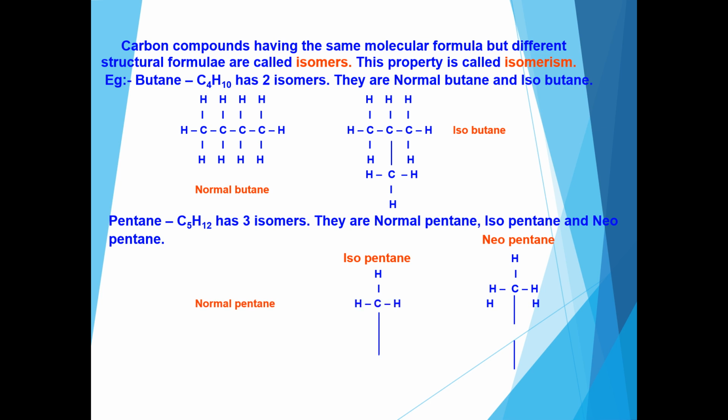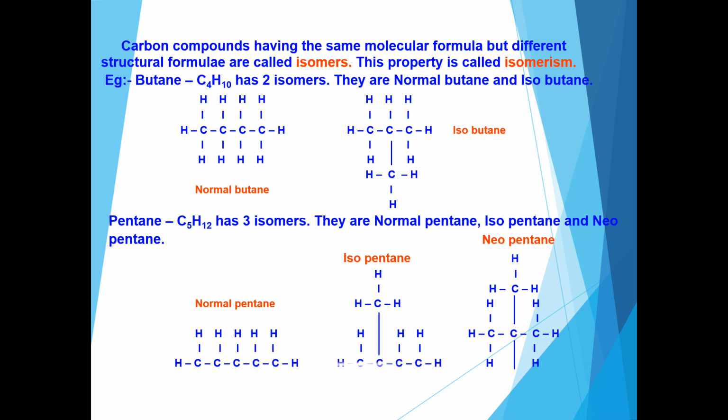Now if we talk about the first one, normal pentane will have a straight chain of 5 carbons. Pentane means 5 carbon straight chain. They will be linked to each other in a straight chain joined together with carbon-carbon single bonds.